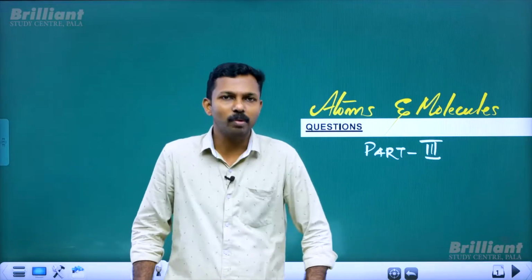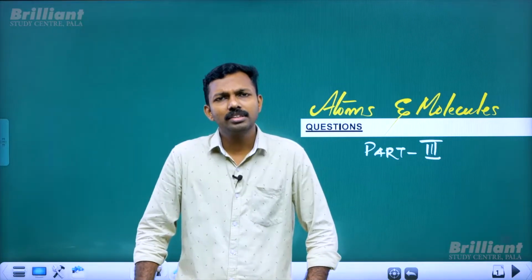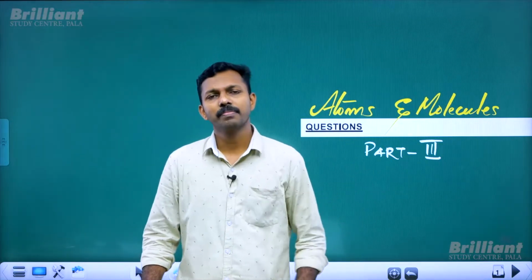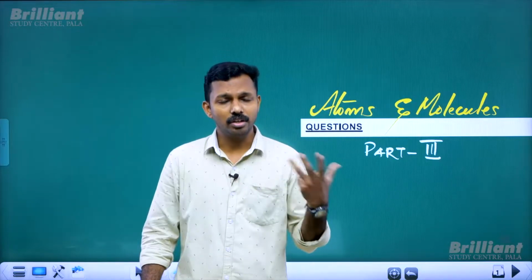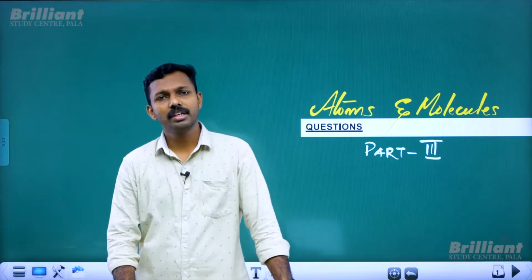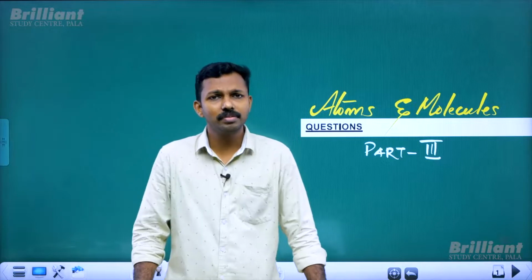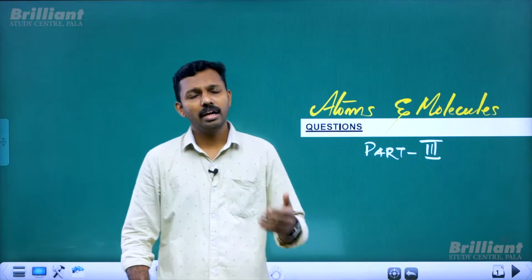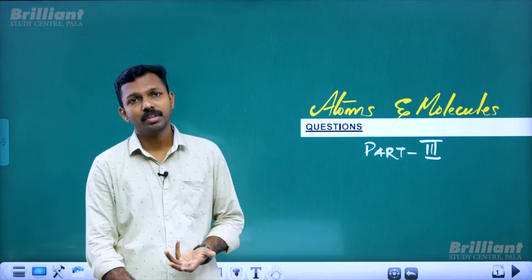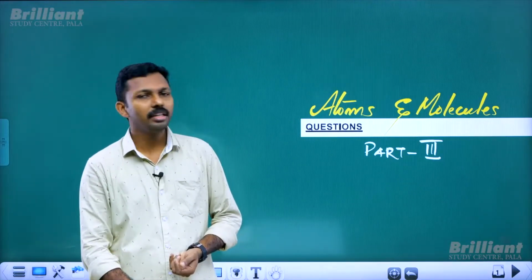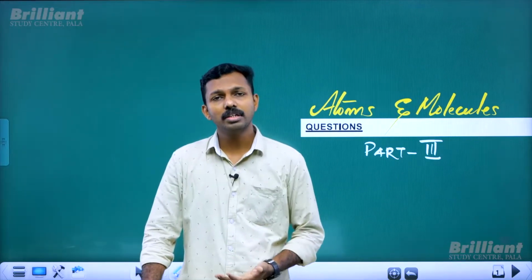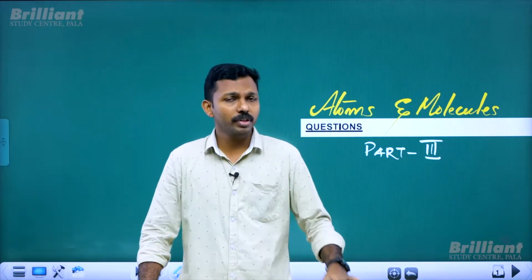Atoms and molecules. In the last two parts we discussed the theory parts of this chapter: atoms, atomic theory, Democritus, one of the scientists we familiarized. I think you can remember all. And also what is atomic theory, then Dalton's atomic theory, and then the mole concept, atomic mass, molecular mass, and how to write the chemical formula of a compound.